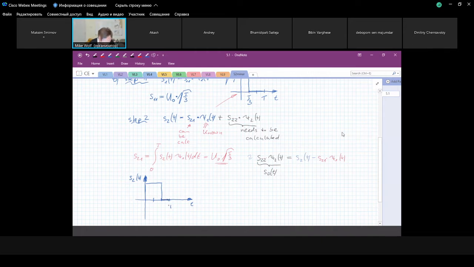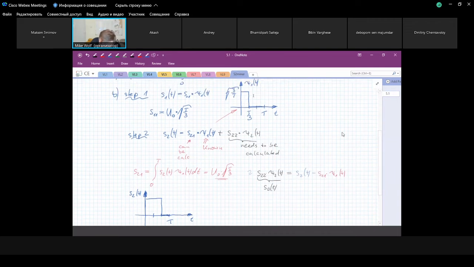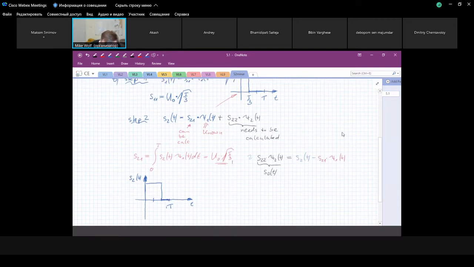Now in the same figure, I could draw S21 times C1 of t. So I weight this basis function by this, and what do I get? I get this red one, this is just S21 times C1 of t. And now if I build the difference between S2 of t and this weighted first basis function, I get this difference. So this means what remains if I build the difference is this.